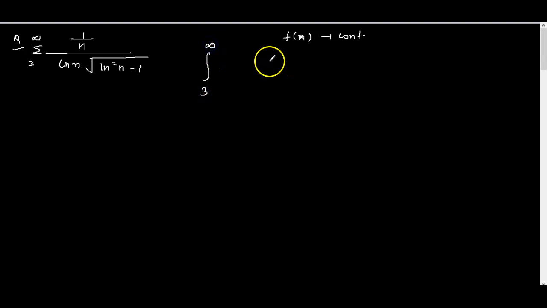From 3 to infinity, 1 by n. I will write it better in terms of x. 1 by x divided by ln of x into the square root of ln square of x minus 1.